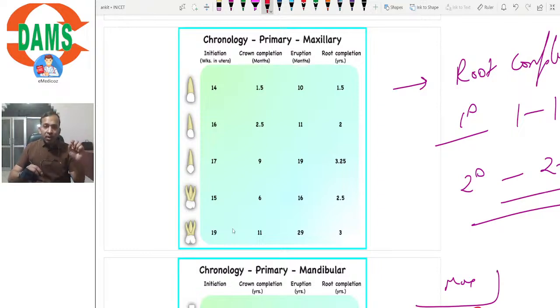So crown is completed after birth, that's why they have neonatal line, isn't it? तो birth से पहले तो complete नहीं हो सकता, वरना neonatal line होती ही नहीं. It completes after birth, that's why neonatal line. So months after birth. So जब हम completion की बात करते हैं तो हम बात करते हैं 1.5 या 1, 2, 3, 6, 9 and 6, 9, 10, 11. इस तरीके से हम याद रख सकते हैं.